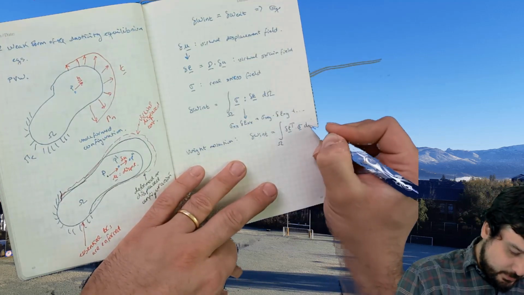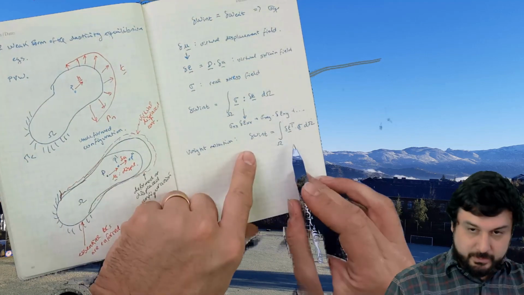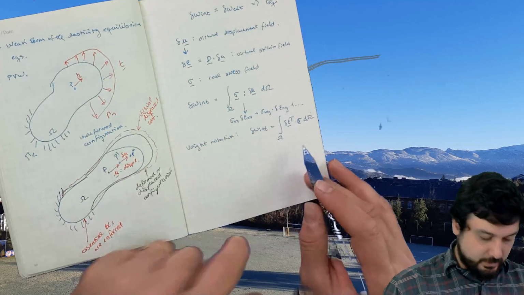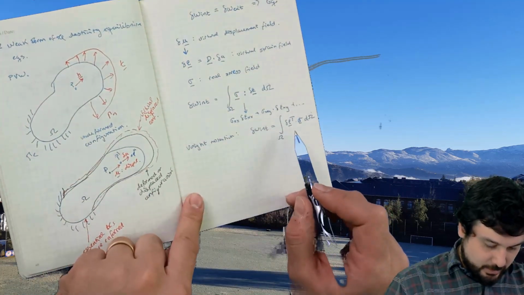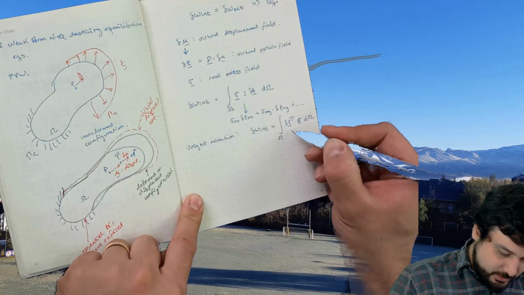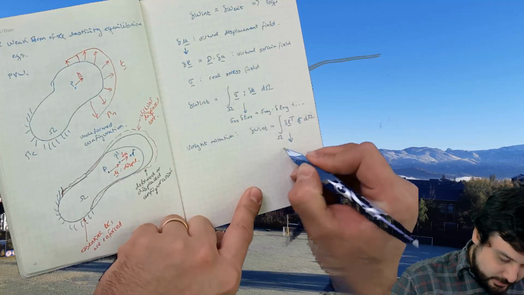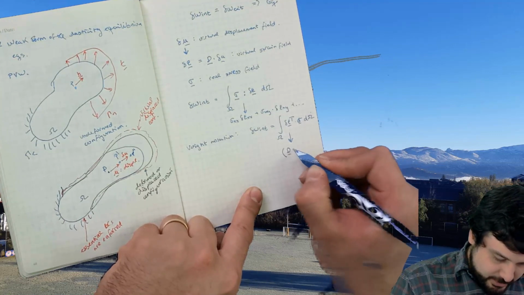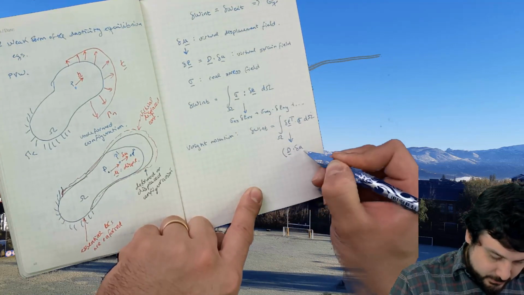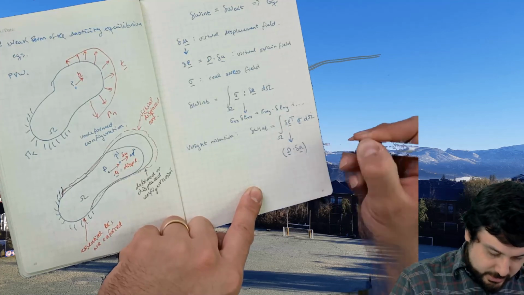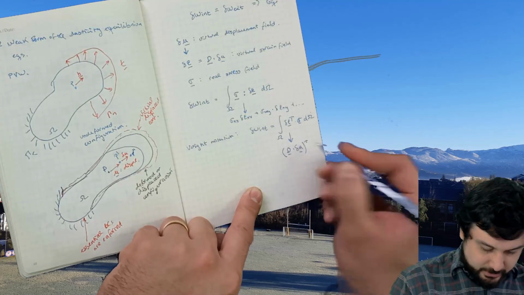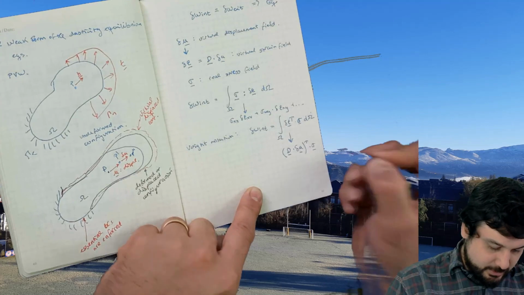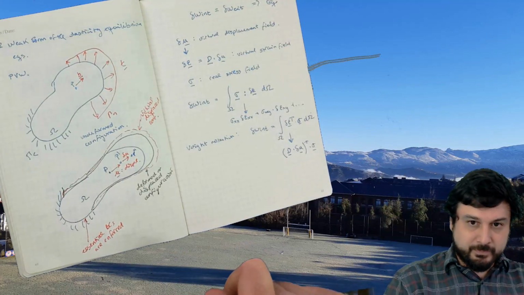Okay, so this is the statement of the internal virtual work, and this can be further developed into D, the differential operator, applied over the displacement field, and that gets transposed, times sigma. Okay, we'll need that later.